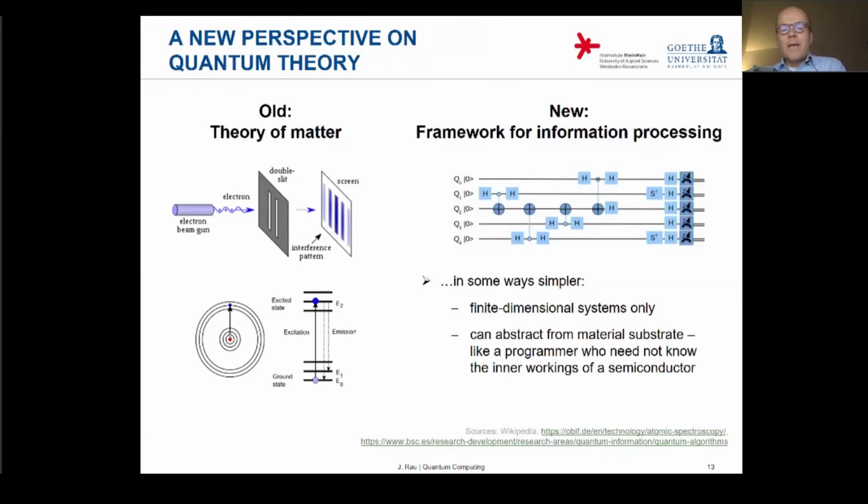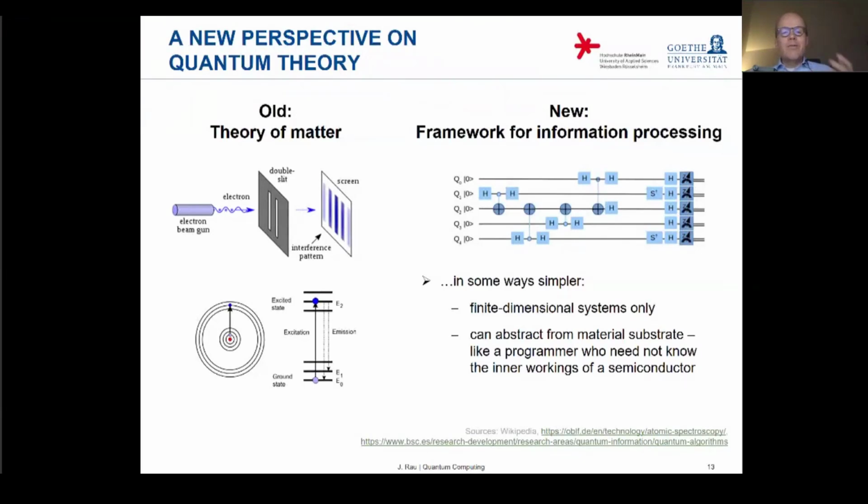And we can do this kind of information processing in a way that completely abstracts from the material substrate. It doesn't really matter which physical system carries the quantum information, if it's a spin, if it's a superconducting qubit, whether it's a photon.